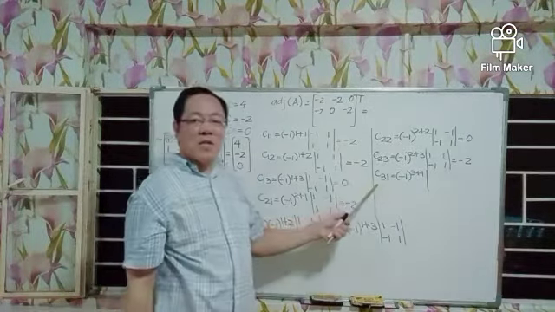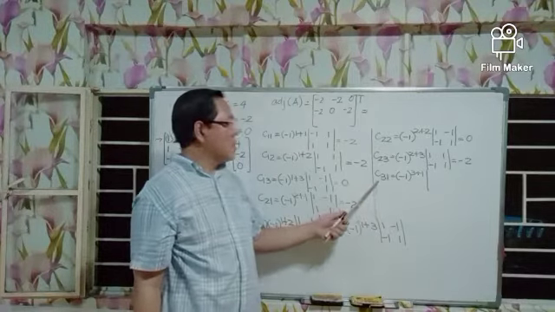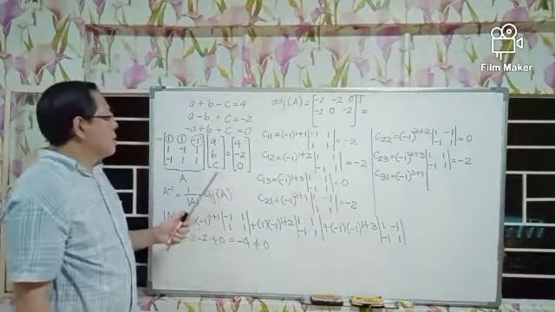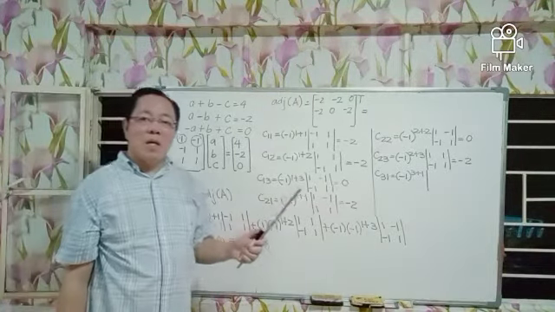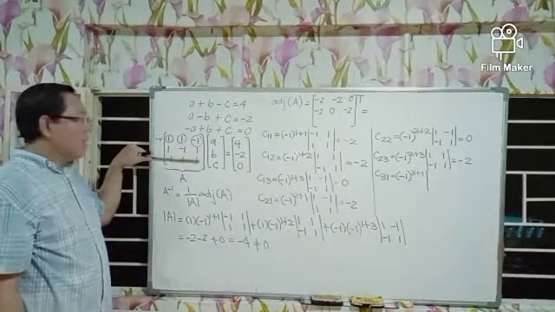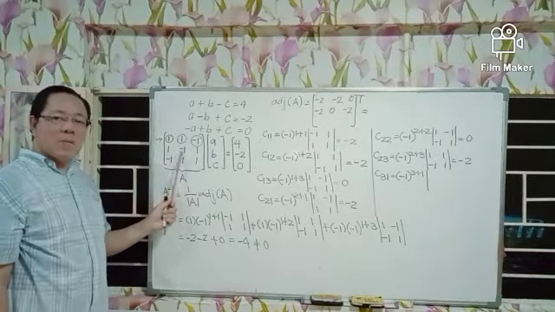And the cofactor C sub 3, 1 is given by negative 1 raised to 3 plus 1, multiplied by the determinant that remains after deleting the third row and the first column. We get 1, negative 1, negative 1, 1.